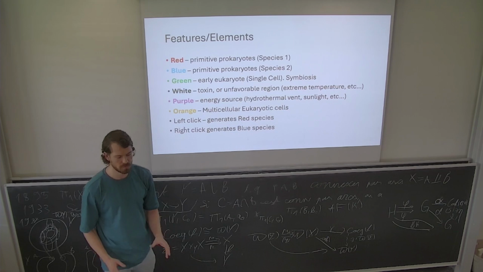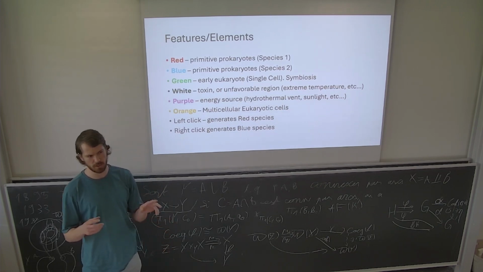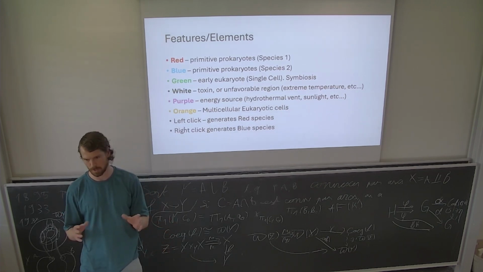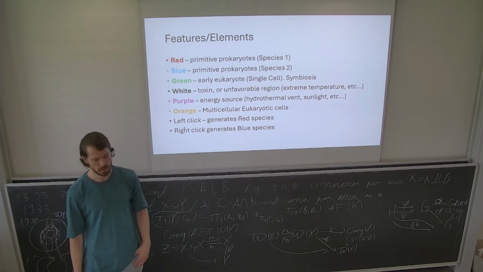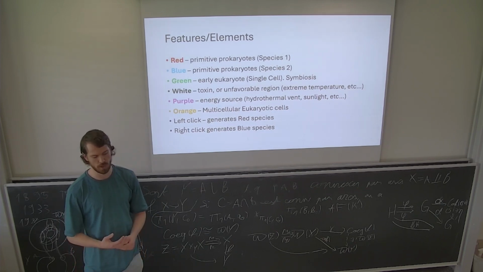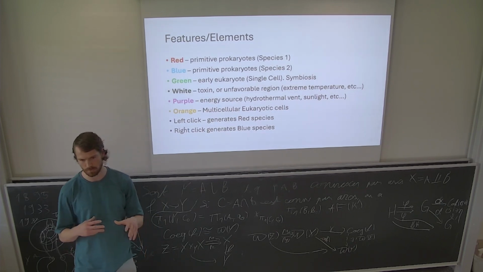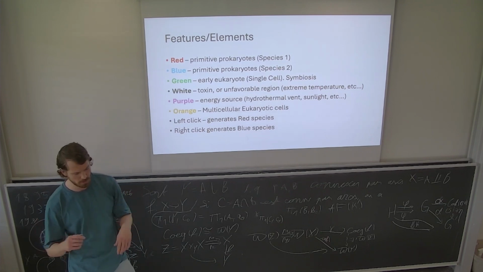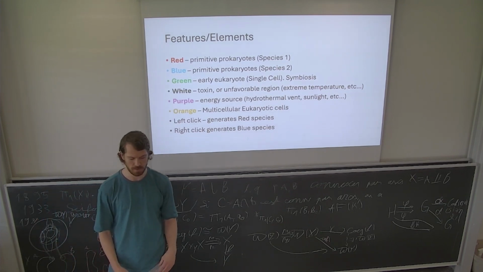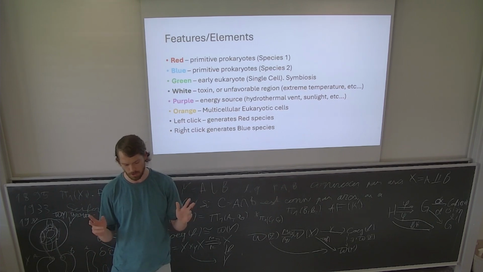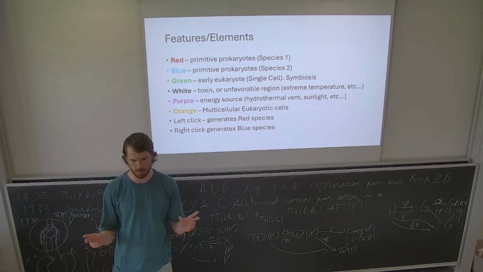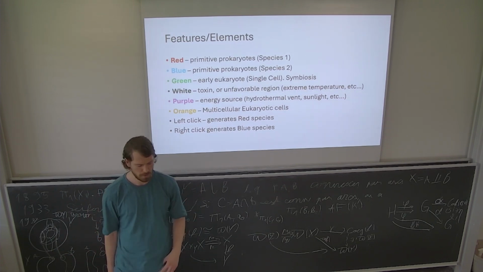To differentiate elements, I just used color. That was the easiest way to do it. There's red and blue, which are like two different prokaryotic species. Green is an early eukaryotic species that comes from the symbiosis of two prokaryotes.